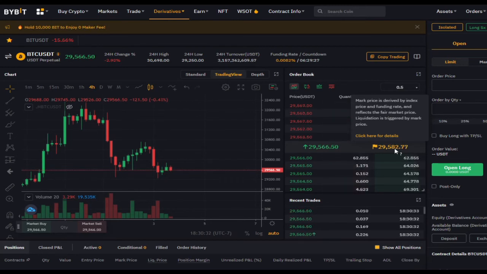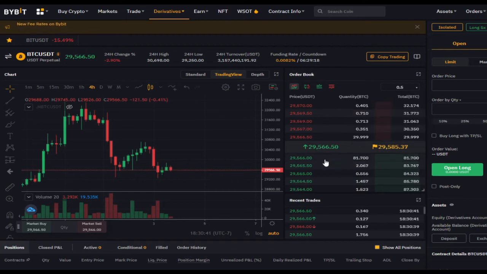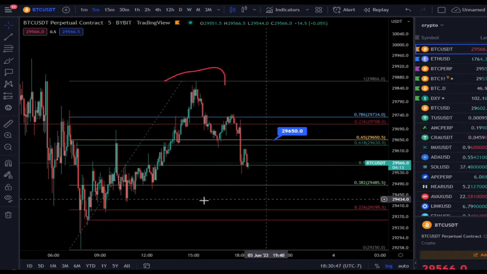Liquidation is triggered by mark price. That's super important. Liquidation is triggered by mark price. So we're seeing the mark price of 29,585, and so it's about $20 higher. That ties into what we were saying.